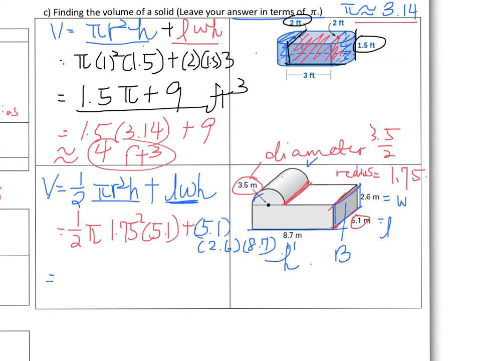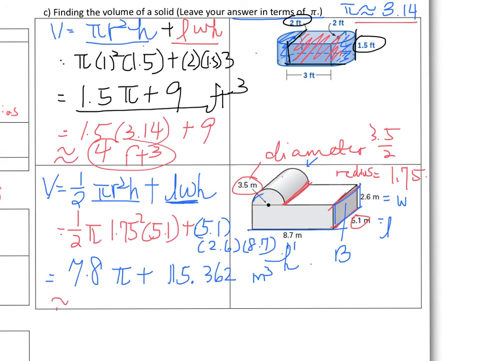And to leave your answers in terms of pi, you should get about 7.8 pi plus 115.362 meter cubed.